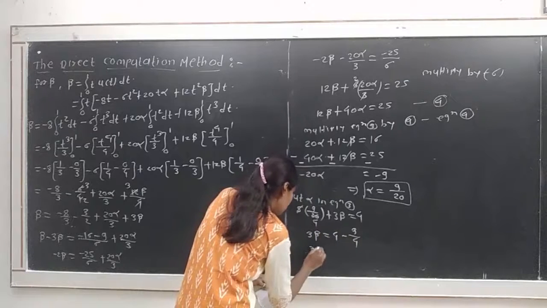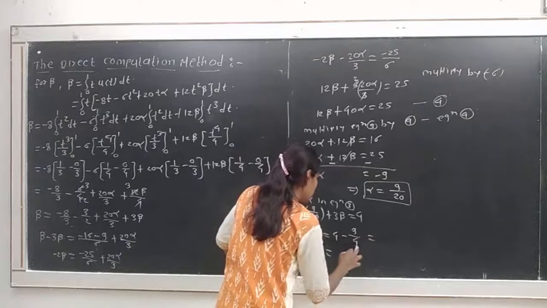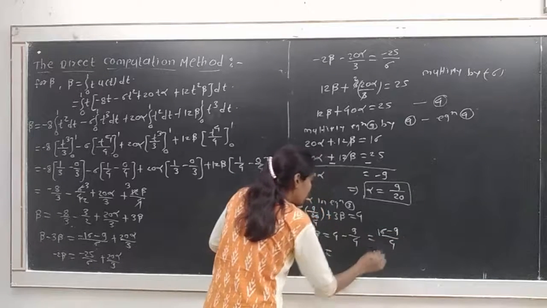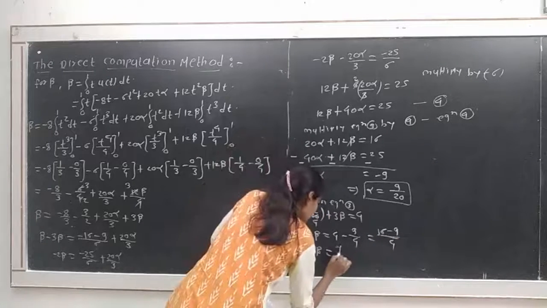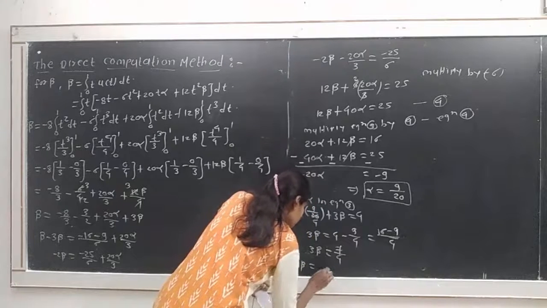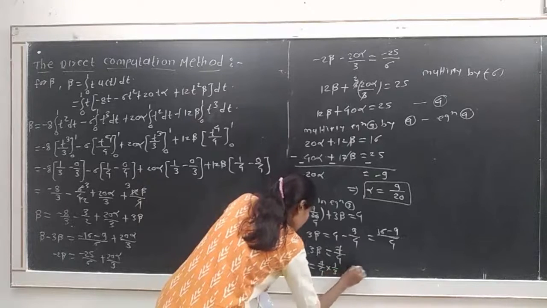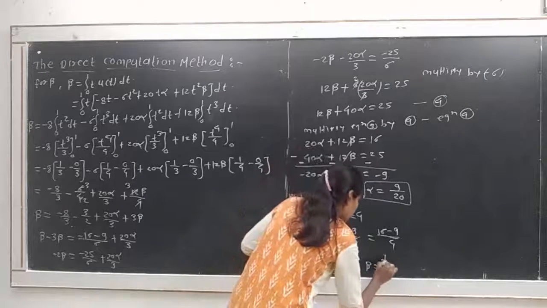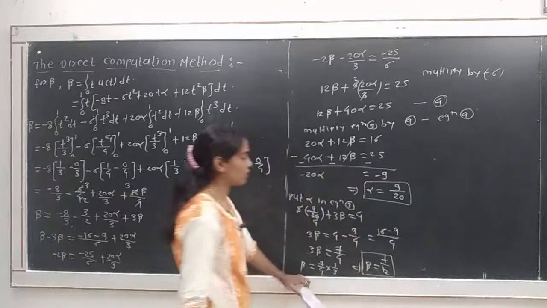Then we get 3 beta is equal to, by taking cross multiplication here, 4 into 4 will be 16 minus 9 divided by 4. Again 16 minus 9, we get 7 divided by 4. So we get beta is equal to 7 divided by 4 into 1 by 3. That is, we get beta is equal to 7 by 12.